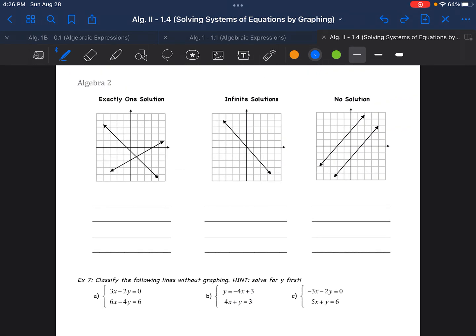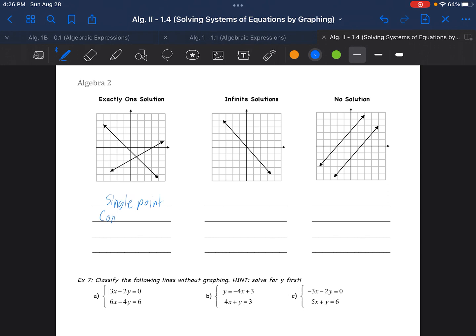All right, so let's talk about these 3 different scenarios a little bit more when we're classifying systems. It gives a little more practice and detail with it. So there's exactly one solution. That's what we're seeing for the majority of these examples. The solution is a single point where they touch, like right here, for example, on this graph.